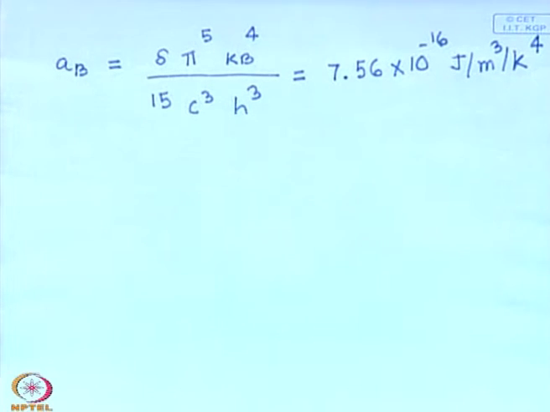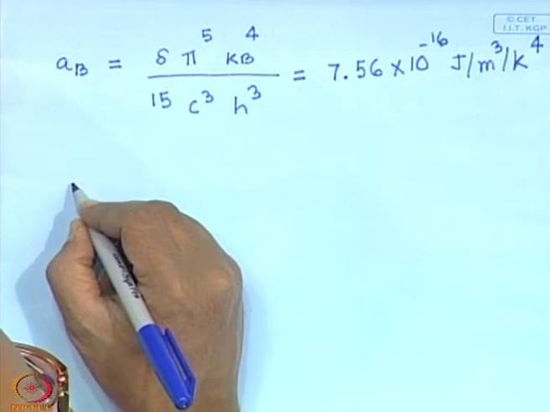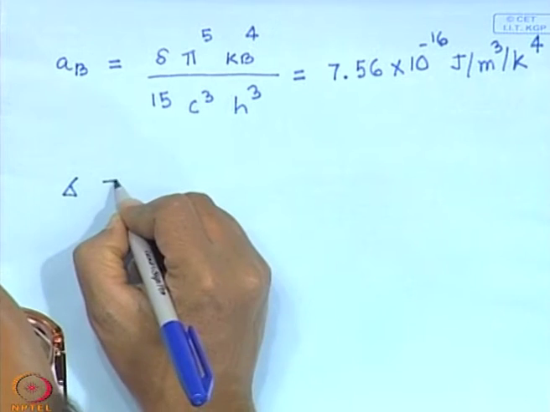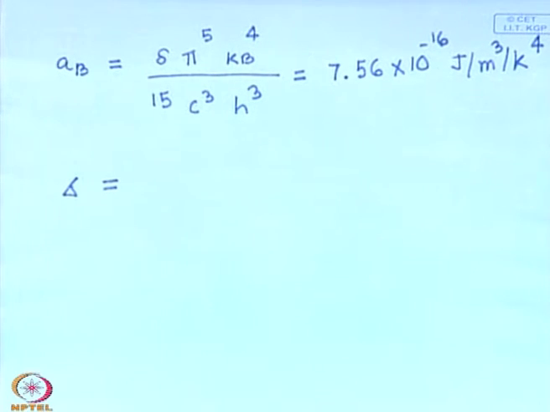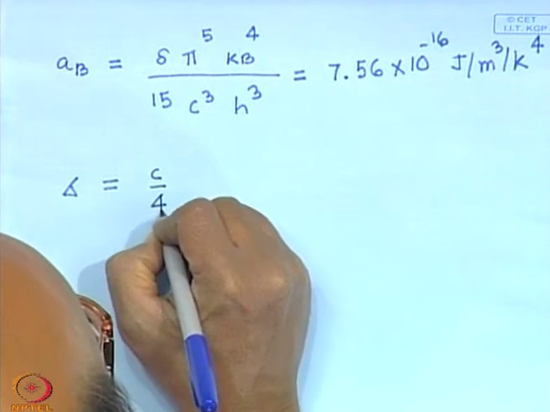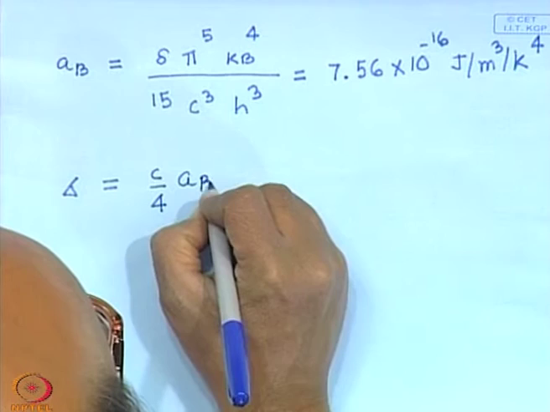Right. So, we have worked out the Stefan constant, and we had seen earlier that the Stefan Boltzmann constant sigma is c by 4 times the Stefan constant.